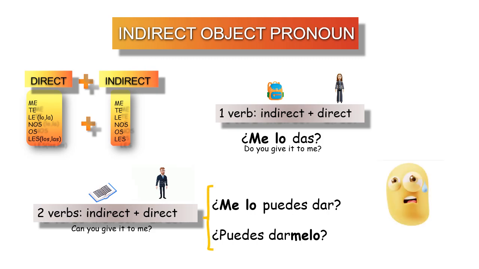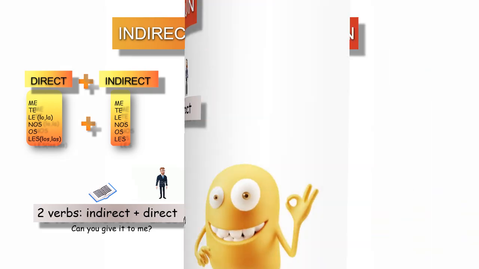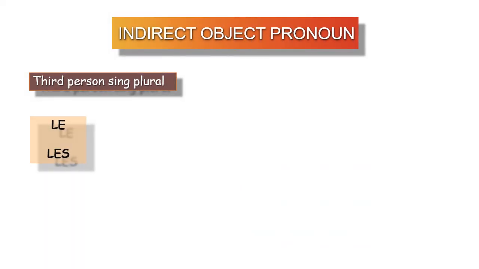Okay, let's revise one last thing. But there is a final twist. When you have le or les before la, las, lo or los, this le or les becomes se. Let's see some examples.